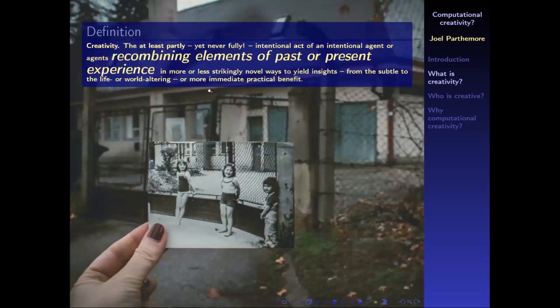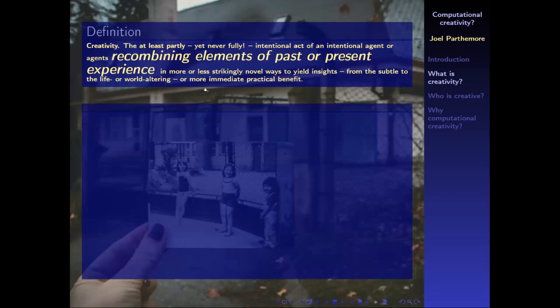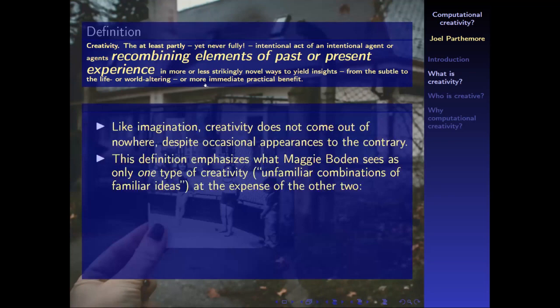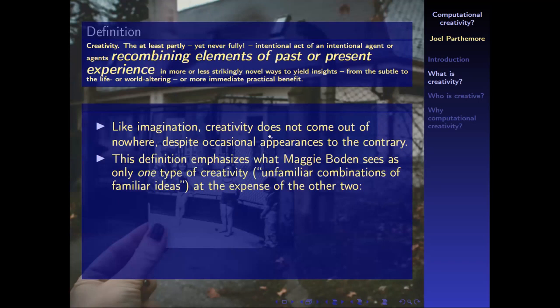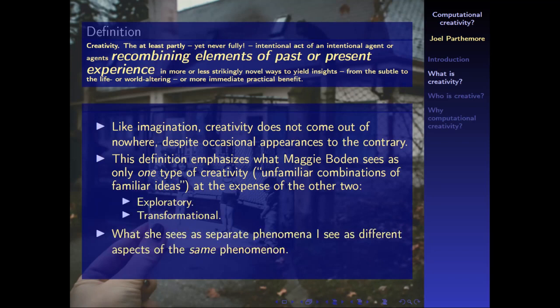Recombining elements of past or present experience. Like imagination, creativity does not come out of nowhere, despite occasional appearances to the contrary. This definition emphasizes what Maggie sees as only one type of creativity, unfamiliar combinations of familiar ideas, as she puts it, at the expense of the other two that she mentions, exploratory creativity and transformational creativity.